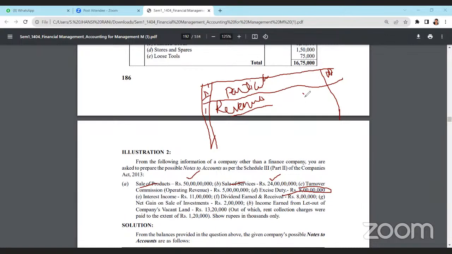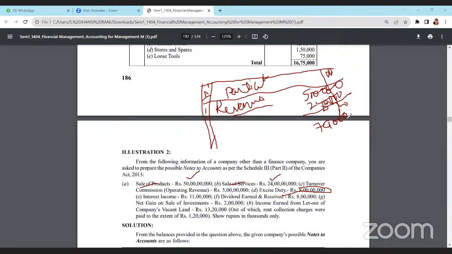So 5 lakhs plus 2,40,000 plus 50,000 will be 7 lakhs 90,000.